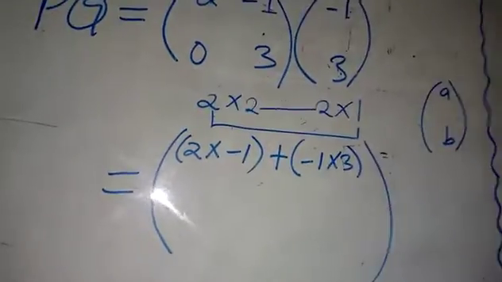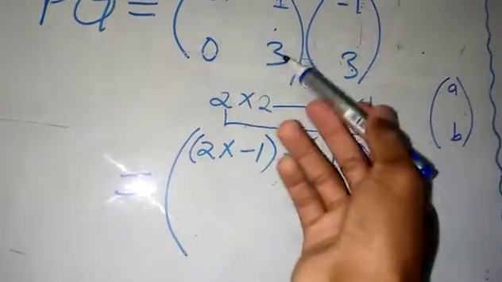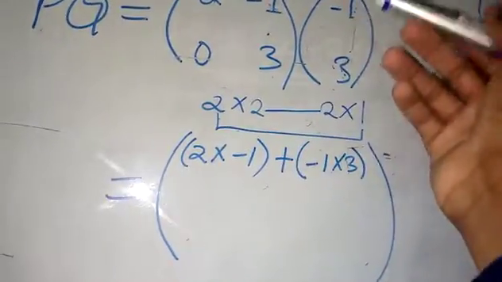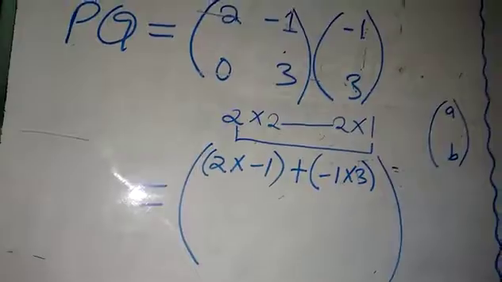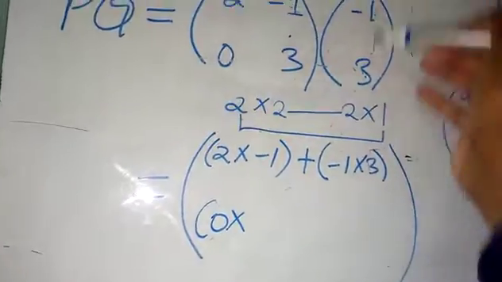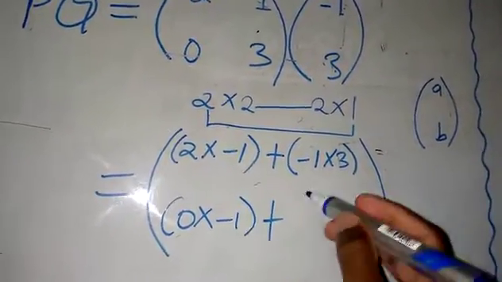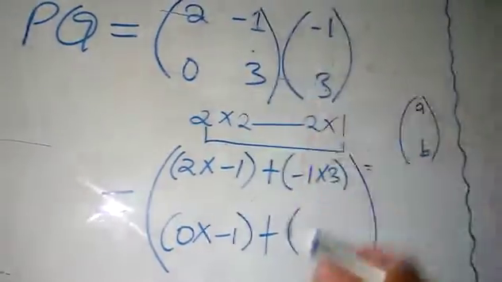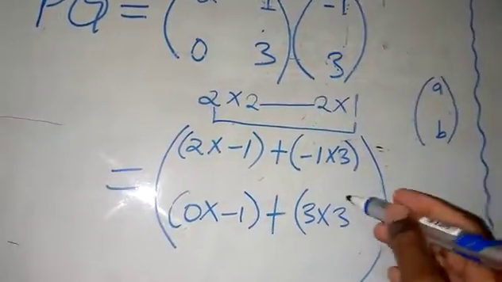You come to row number 2. Row number 2 has 0 and 3. We are going to multiply it by the same column, -1 and 3. So the first entry is 0 in the row, multiplied by the first entry in the column, -1, plus the second entry, 3, multiplied by the second entry in the column, 3.